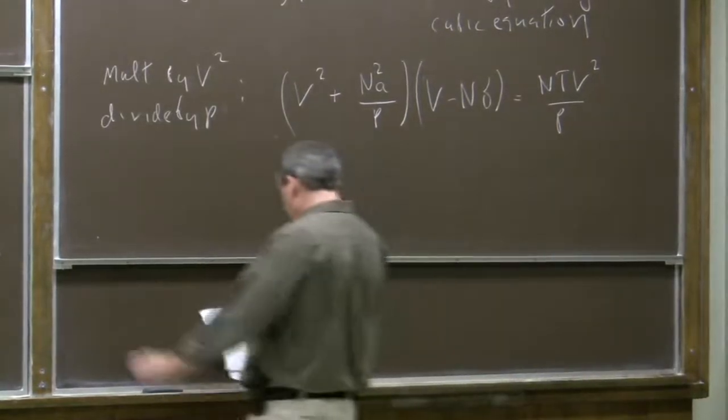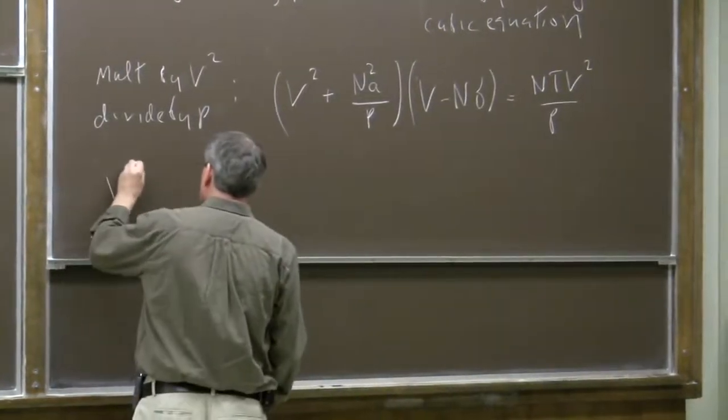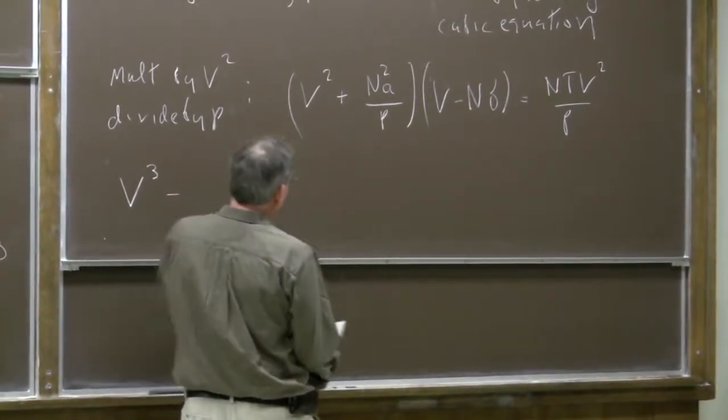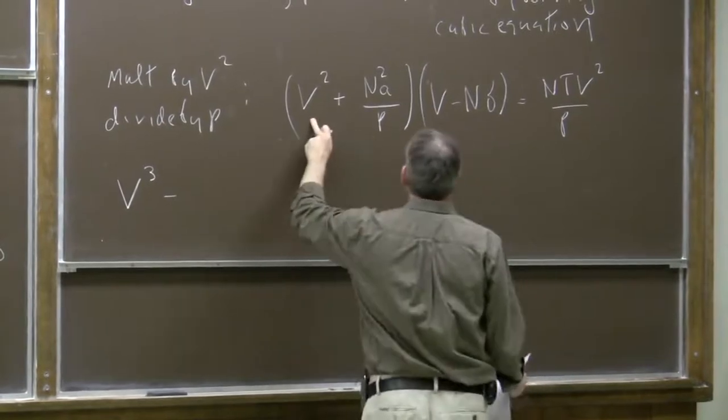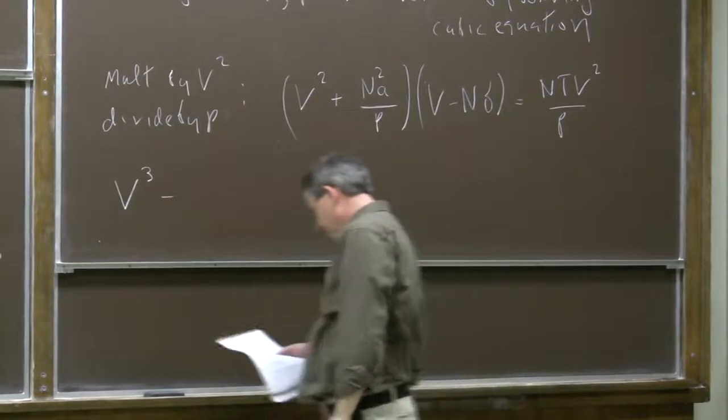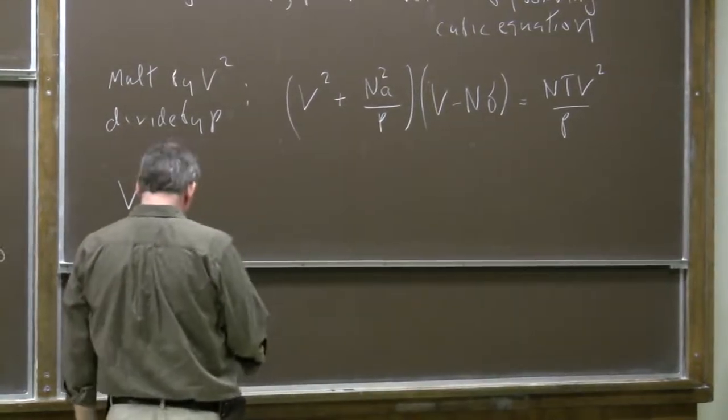So if I expand that out, the cubic equation that we have to solve to determine V becomes V cubed minus there's an NB V squared and an Nτ over P V squared, which we'll subtract to put it on the other side.